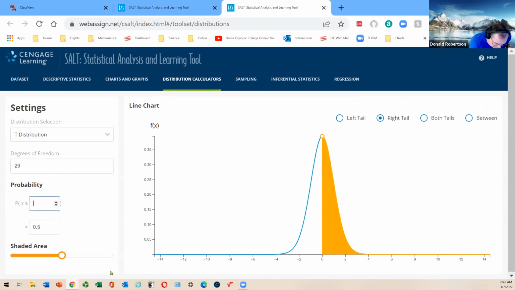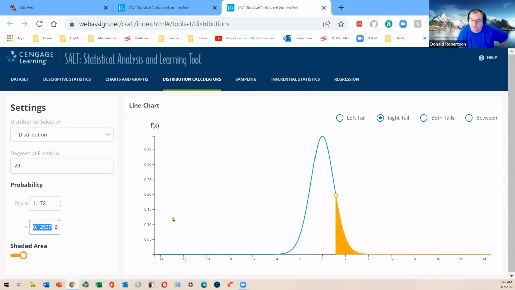I want to see if it's bigger than 1.172. And this guy here, that's where the p-value lives. So the p-value in this question happens to be 0.125. And tomorrow we'll continue with this.